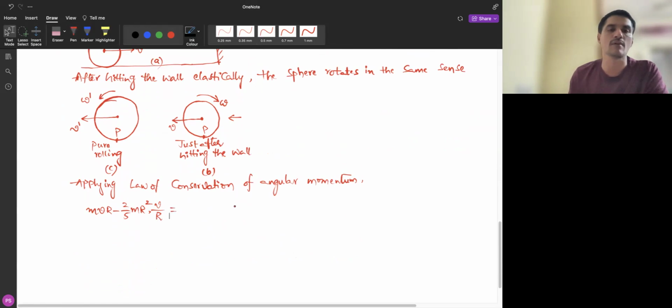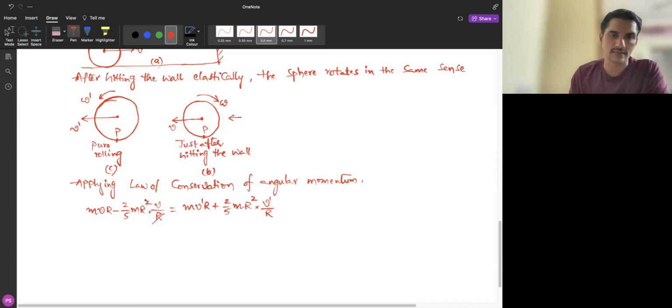Now apply the same conservation of angular momentum at C now. Let us find out the angular momentum at C. How to find that? Again, m into V dash into R plus 2 by 5 m R square into what is omega dash? V dash by R, because it is in pure rolling condition, right?